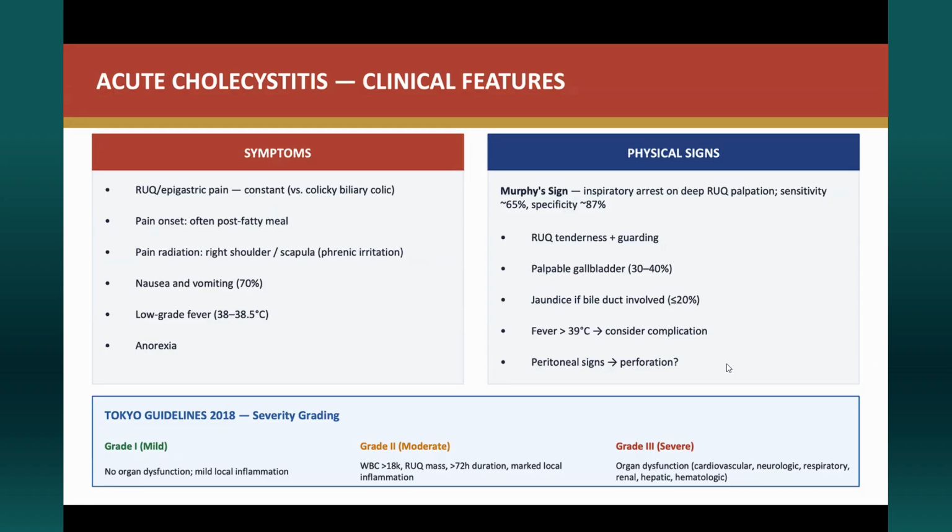Now, there is a severity classification being used, the Tokyo classification, which actually guides the guidelines of cholecystitis. Grade 1 is mild, grade 2 is moderate. You have WBC of 18,000, 72 hours and marked local inflammation. In severe, we have other organ dysfunction, which can actually cause patients the problem.